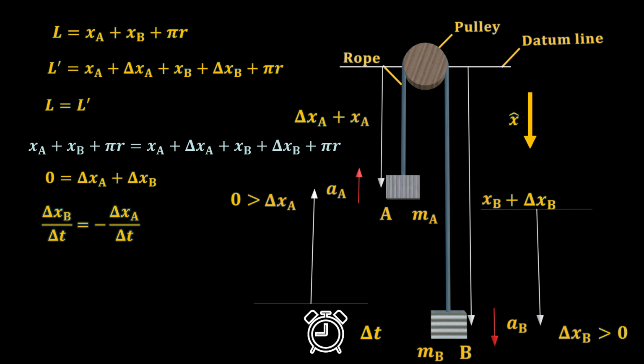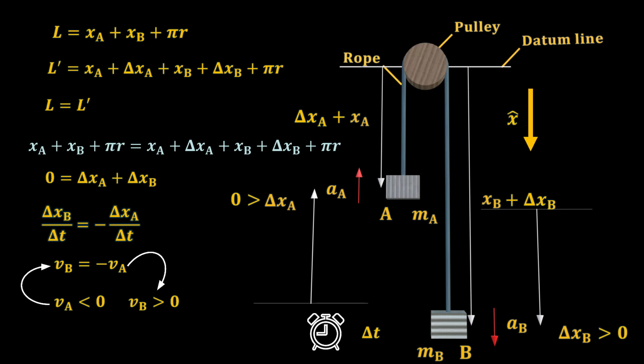And this simply is a relationship between the velocities of the objects. So we can write VB equals minus VA, where VA is the velocity of object A and VB is the velocity of object B. Since object A moves upwards, we have VA less than 0. And based on this equation, we get VB greater than 0, which means object B moves downwards. So this equation is consistent as well.